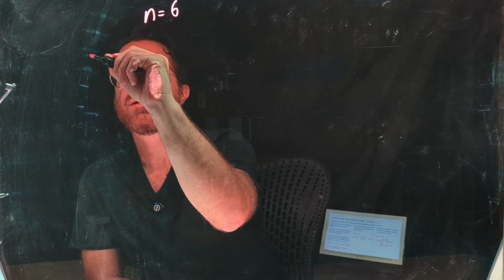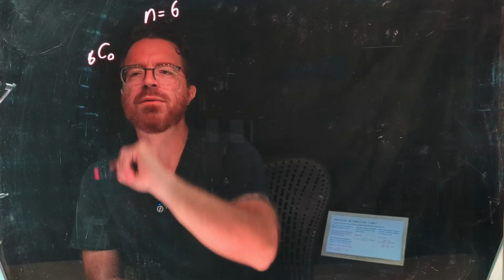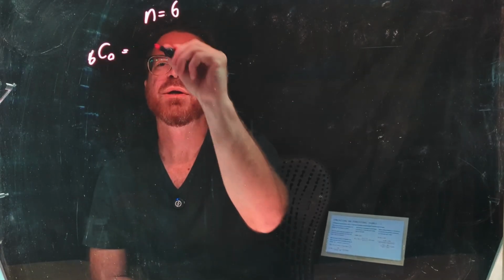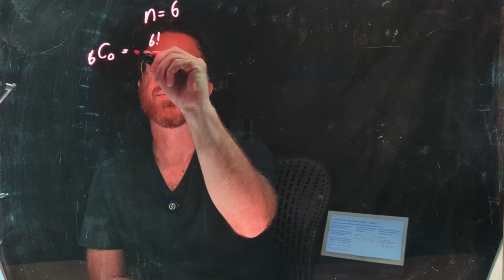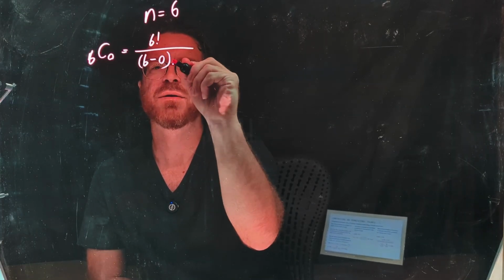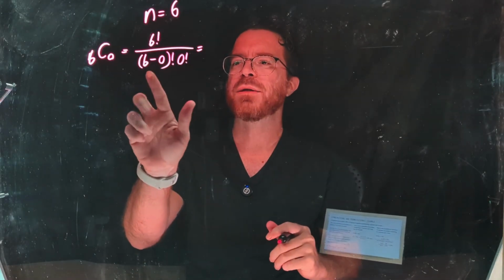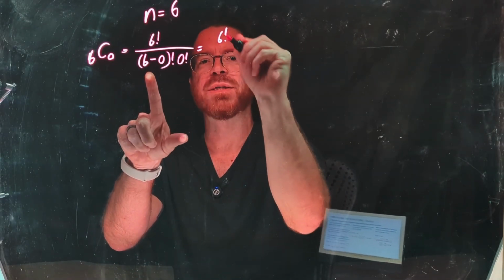If we do 6 choose 0, we're going to get 6 factorial divided by 6 minus 0 factorial times 0 factorial. Now, 6 minus 0 is going to be 6.